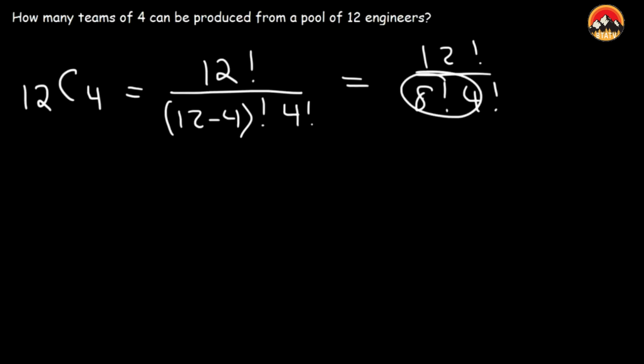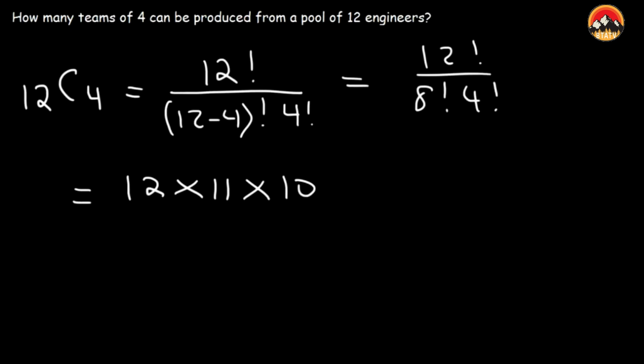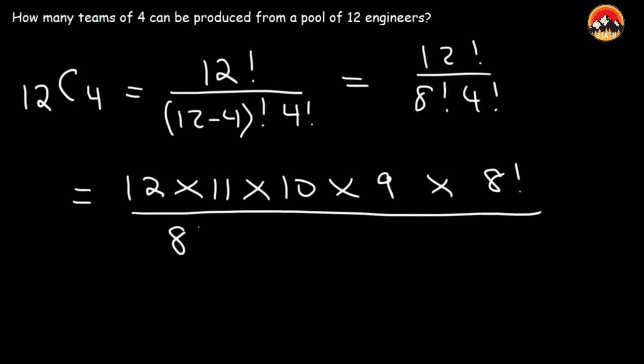Notice that you have an 8 factorial on the bottom. So you want to write 12 just before you get to 8. So 12 factorial is 12 times 11 times 10 times 9 times 8 factorial. Because 8 factorial will go from 8 to 1, and you don't need to write all of it. Stop at 8 factorial because we can cancel it in the next step.